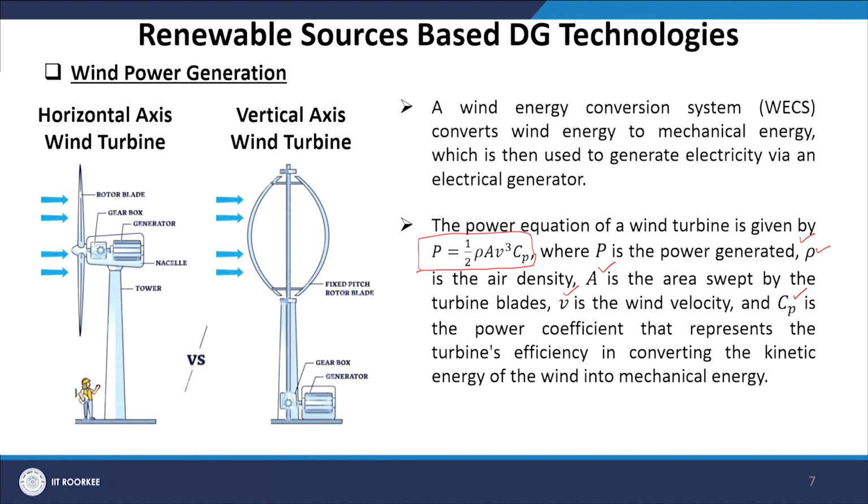So, if you know all the variables, you can approximately calculate the amount of P that may be available to you out of a wind generation.